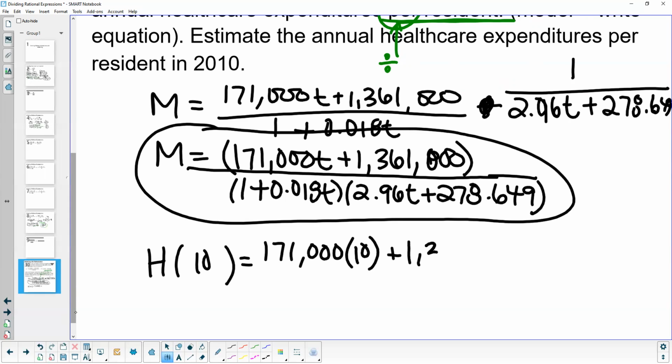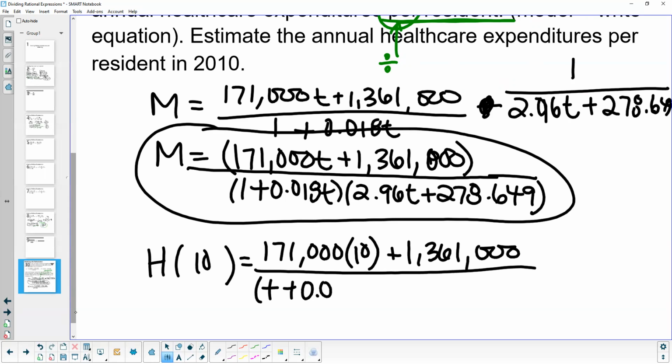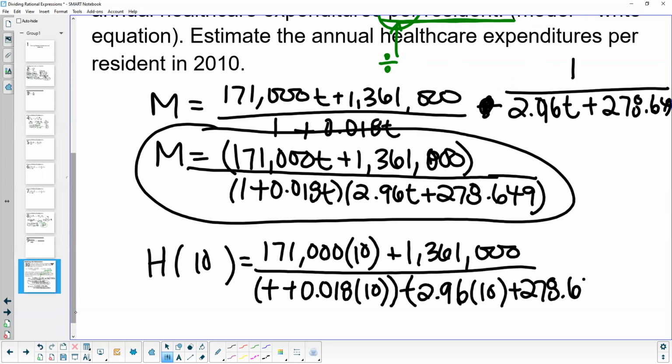So plus 1,361,000 all over 1 plus 0.018 times 10 times 2.96 times 10 plus 278.649. Okay, so we can type in that whole long expression into our calculator, remembering to use our parentheses. So we've got 171,000 times 10 plus 1,361,000.